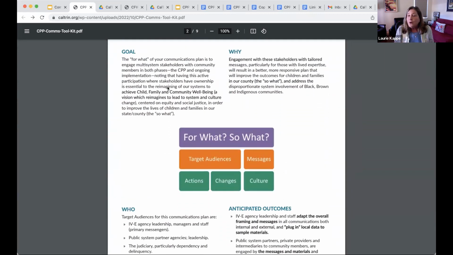So the overall goal, the for what, so what, like, why are we doing this? We're doing this because a communications plan is pretty essential if you want to engage some of the multi-system stakeholders in both your planning as well as in your implementation. And one comment I'm going to make a couple of times is you want to have your public system partners as well as your community members help you set the table.